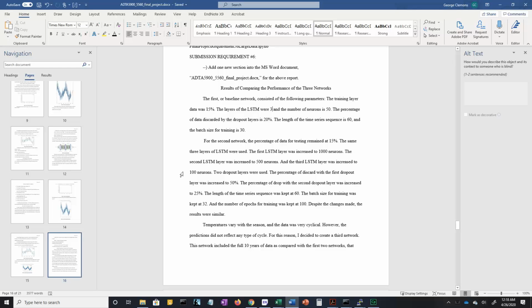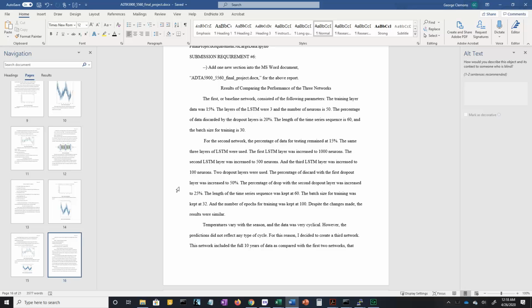The percentage of discard with the second dropout layer was increased to 25%. The length of the time series sequence was kept at 60. The batch size for training was increased to 32. And the number of epochs for training was kept at 100.